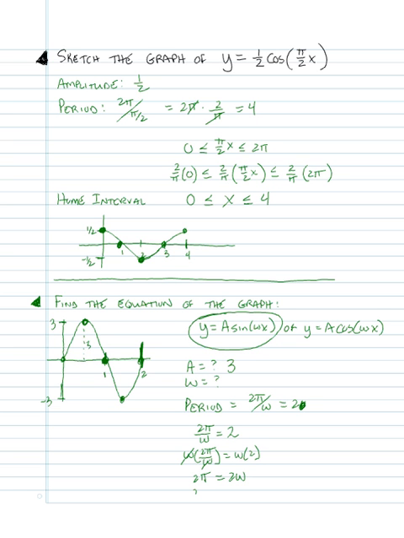And then we'll divide on both sides by 2. That will give us that omega is equal to pi, won't it? So now that we know the amplitude and we know omega, we just need to put those two pieces together. This is the graph of y is equal to a, which is 3, times the sine of omega, which is pi x. There's the graph of that function.